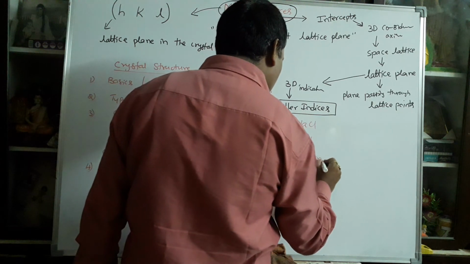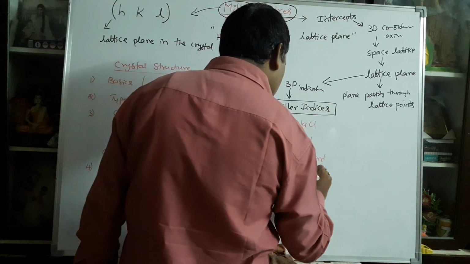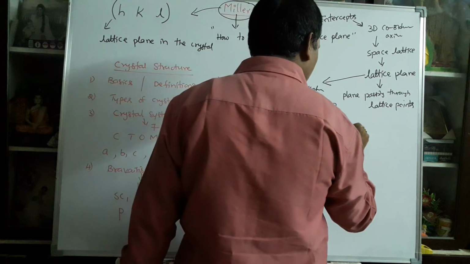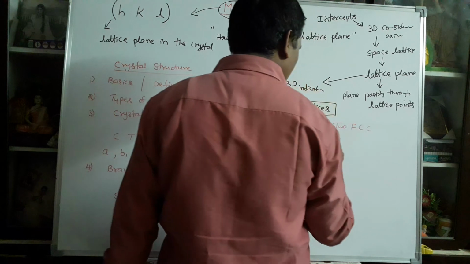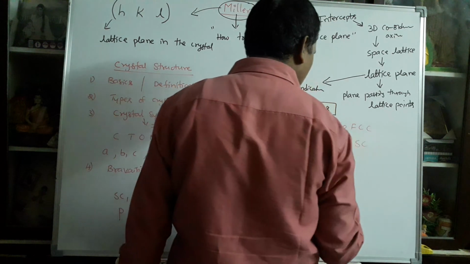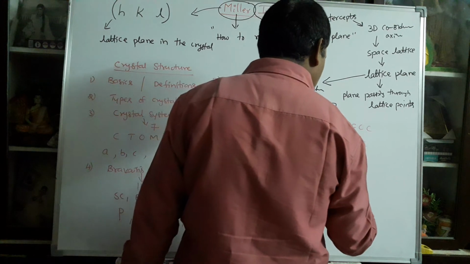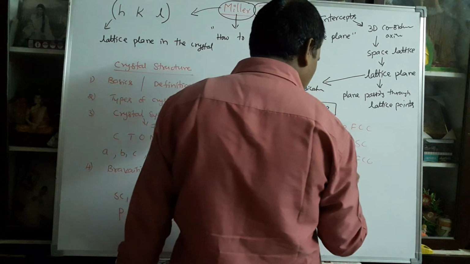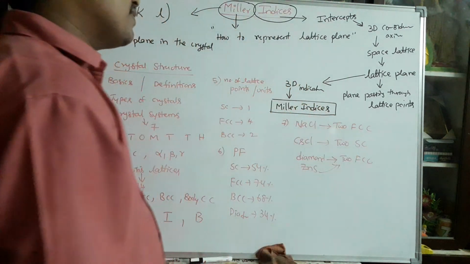This diamond structure is also similar to zinc sulfide. NaCl structure is a combination of 2 FCC structures. Cesium chloride is a combination of 2 simple cubic structures. Diamond structure is also a combination of 2 FCC structures. ZnS is also a combination of 2 FCC structures.